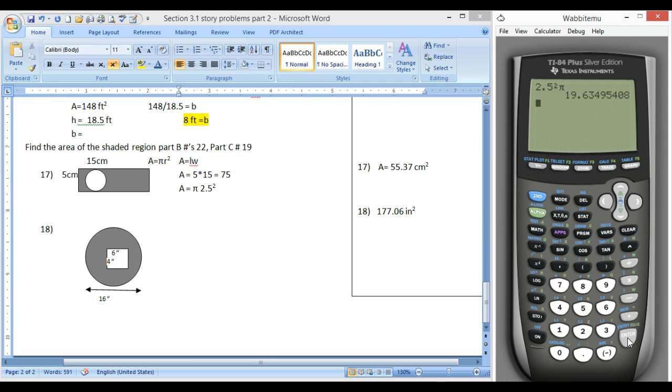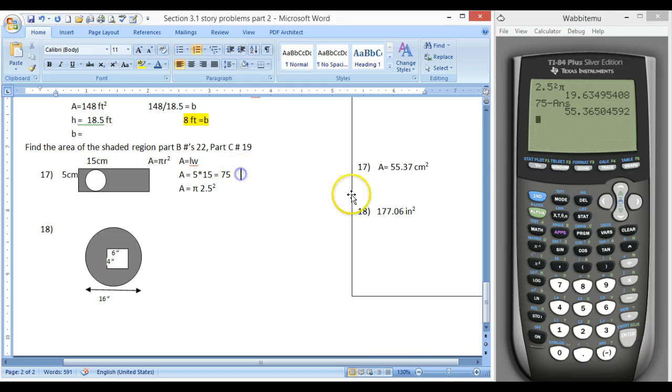That gives me this. Then I need to subtract that from 75 because I want only the shaded region. So I'm going to write 75 subtract. I'm not going to round now. I'm going to subtract the second answer here and press enter. That gives me 55.37.